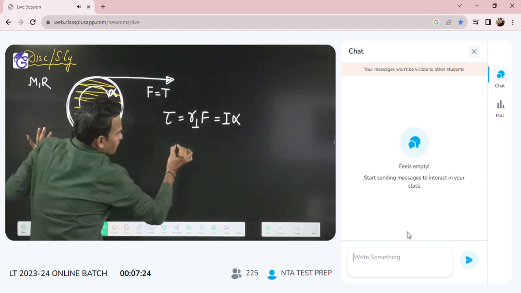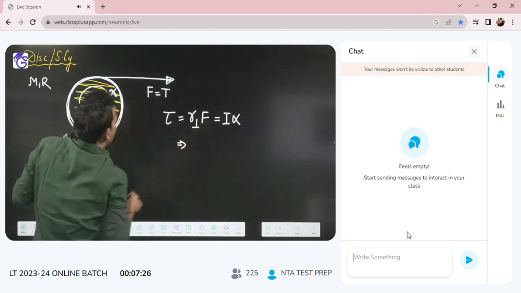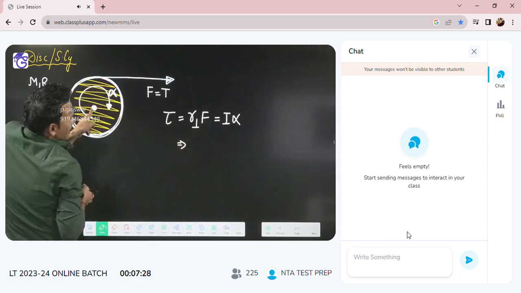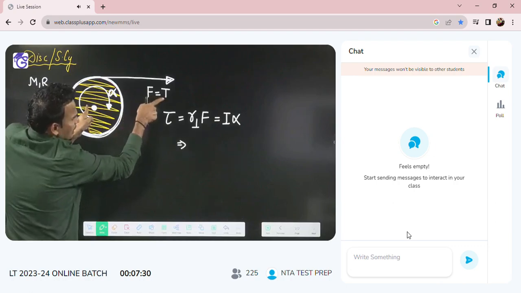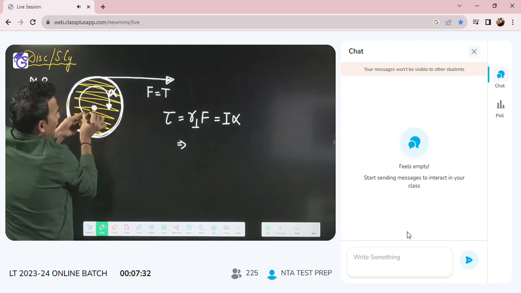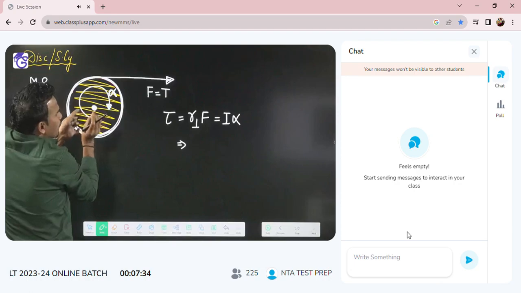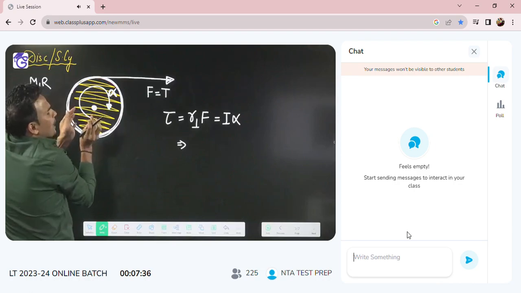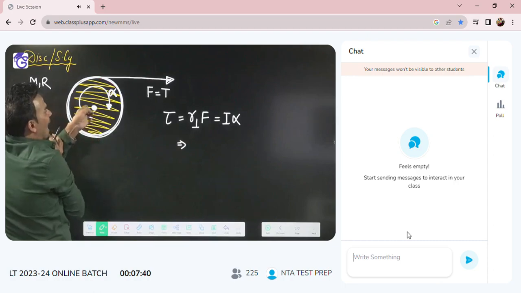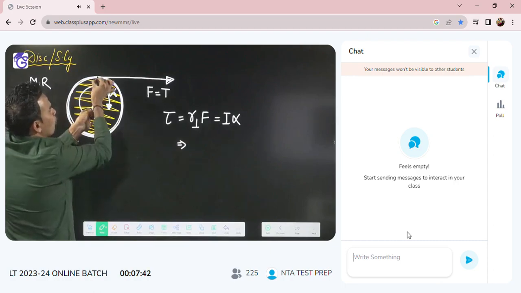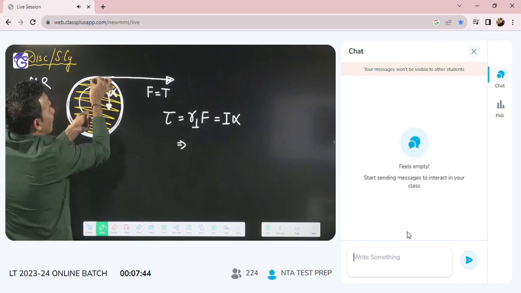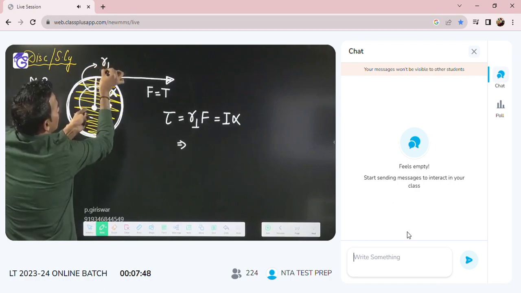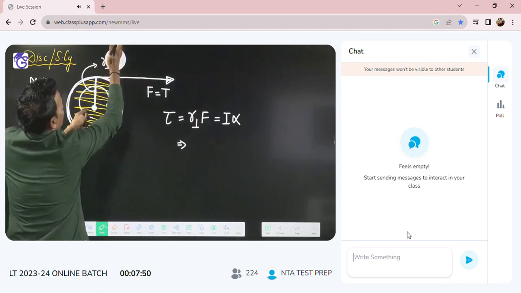Now torque will be R perpendicular into F. What is F? F is the tension in the string. And what is R perpendicular? If you remember, I told you R perpendicular is the perpendicular distance of the force from the axis. Here the axis is at the center and the force acts at the rim, so R perpendicular will be equal to the radius of the disc.